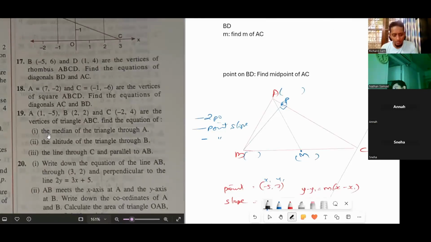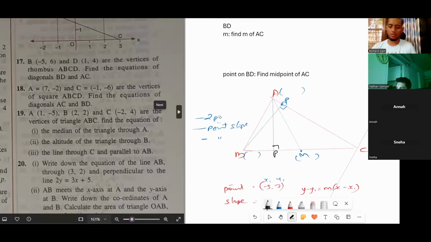So this question, median and altitude. Find the equation of the median and the equation of the altitude. What is the meaning of a median? A line joining a vertex to the opposite midpoint. Like AM over here is the median. What is altitude? The height. So if I'm drawing the altitude from the point A, where would the altitude be? From A till perpendicular to BC. If I say P, AP is the altitude.